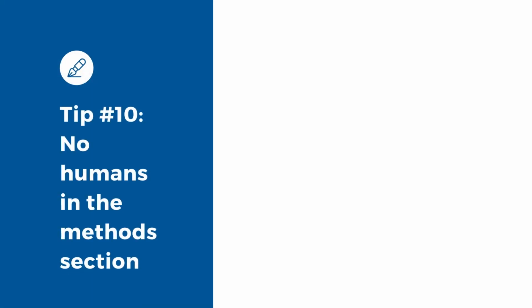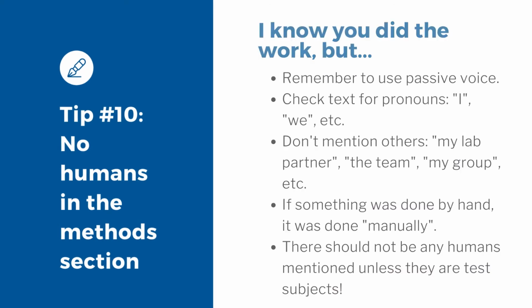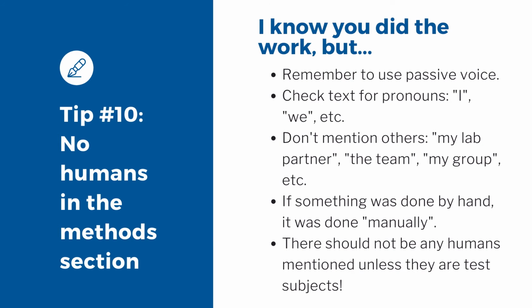Tip number 10. No humans in the methods section. Of all the sections in the lab report, the materials and methods section seems to be the most prone to slipping out of the passive voice because you did the work. Check your text for I and we and change sentences where those words appear to the passive voice.